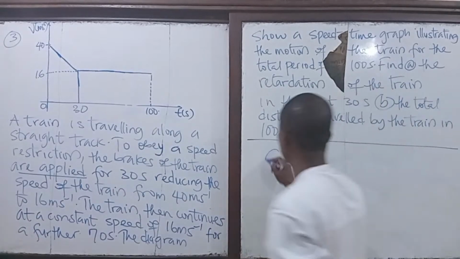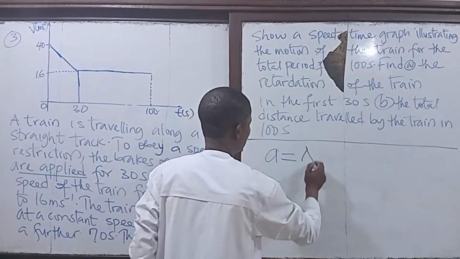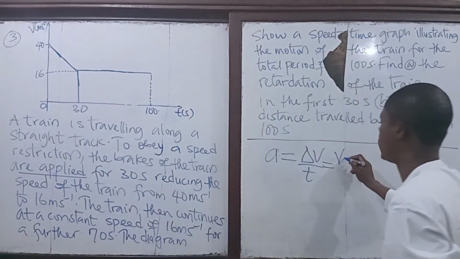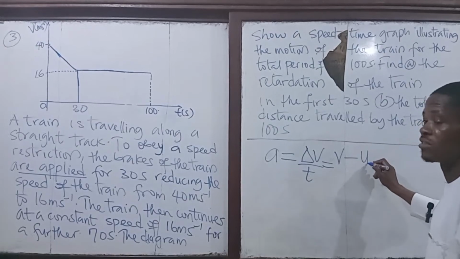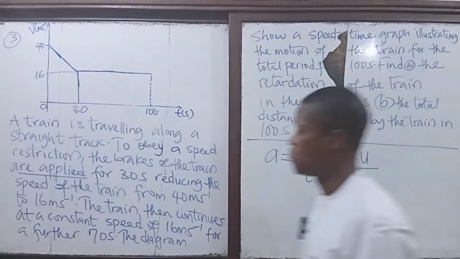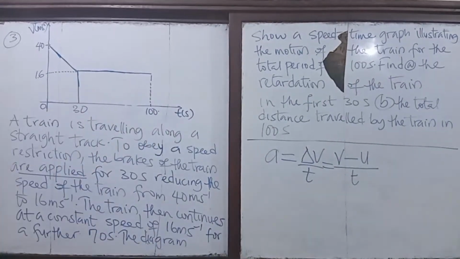For the retardation, we're going to use this formula: acceleration is change in velocity over time, which is final velocity minus initial velocity over time.